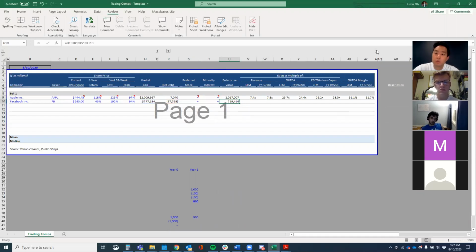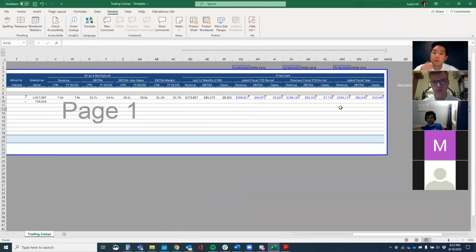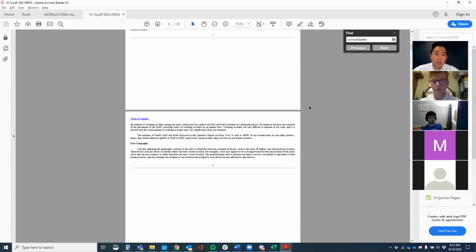Cool. So I did this for you all. It's really easy. We want the latest fiscal year revenue, EBITDA, Capex, and then from the 10Q. So we have 10K and 10Q figures. What you want to do is go to the 10K, go to the income statement.